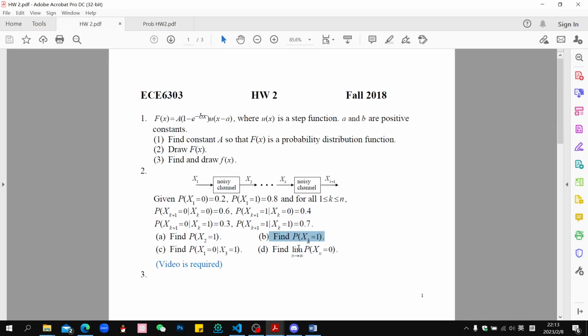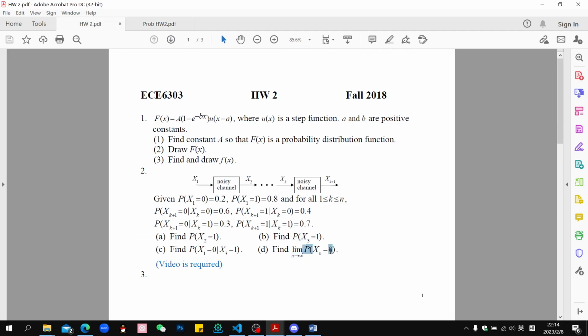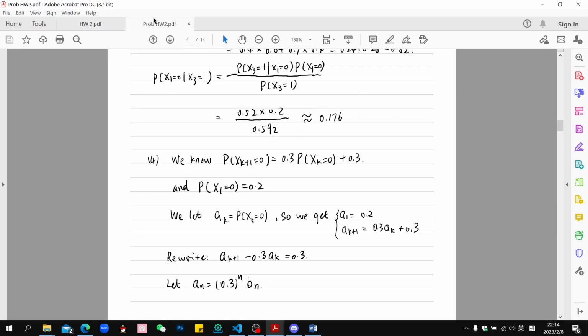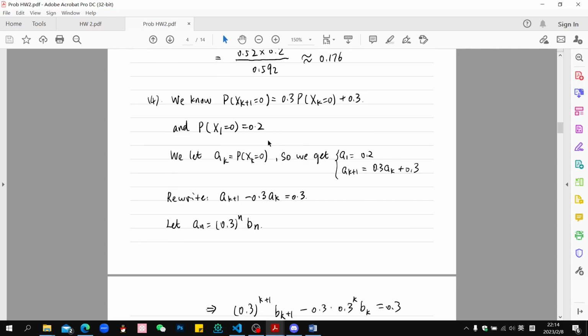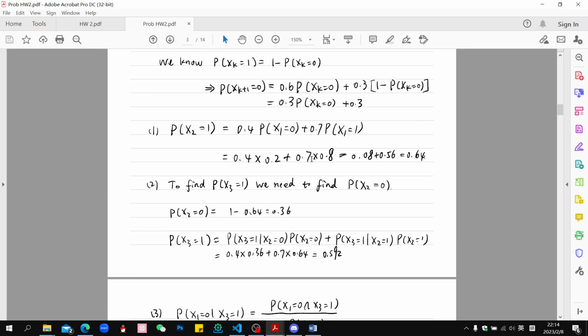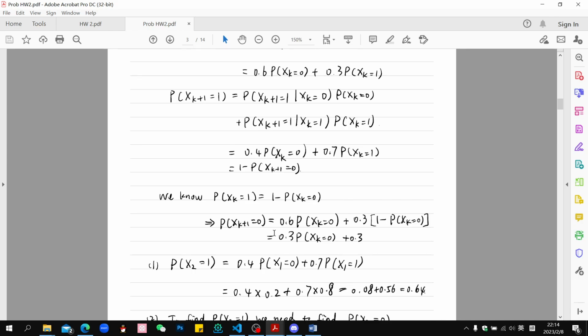For the final problem, we have to find the limit when n goes to infinity. What is the limit for xn to be 0? The probability for xn to be 0. First of all, we know that, oh yes, here I have calculated an expression.